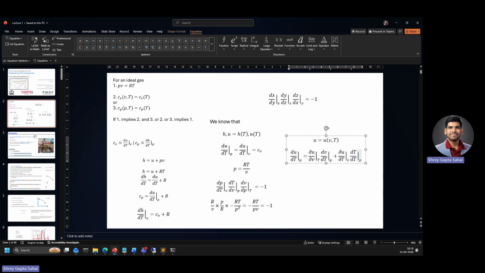Yeah. So now you know this is unity, okay? This one is unity.